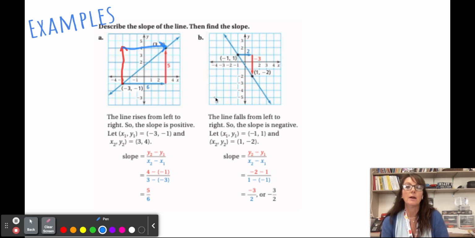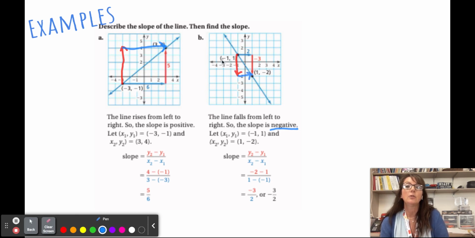Here, reading the graph left to right is a negative slope, okay, because it's going down. Now, again, they did the run is 2, and then the rise is negative 3. Again, you could do your rise first as negative 3, and then you could do your run.